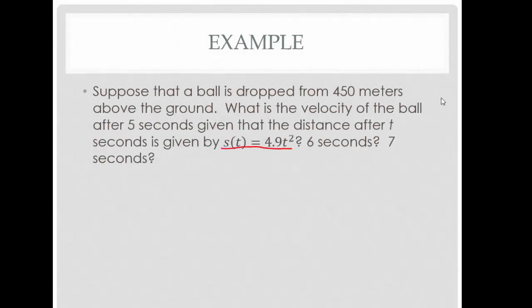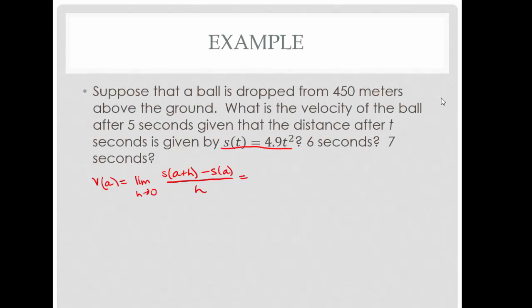So we're going to look at the velocity at a time a. Okay, so we're going to leave that as a general a. And I'm going to use the h goes to 0 one again. So that's going to be the limit as h goes to 0 of s of a plus h minus s of a all over h.